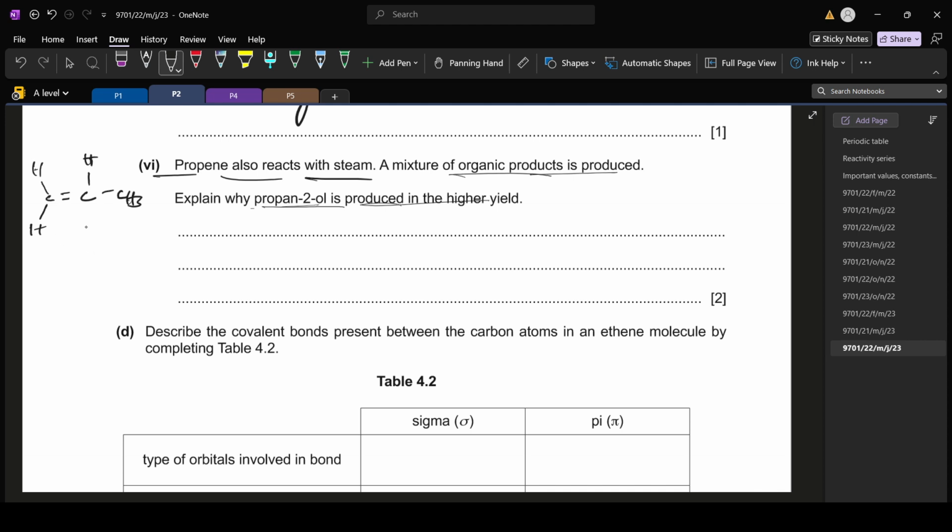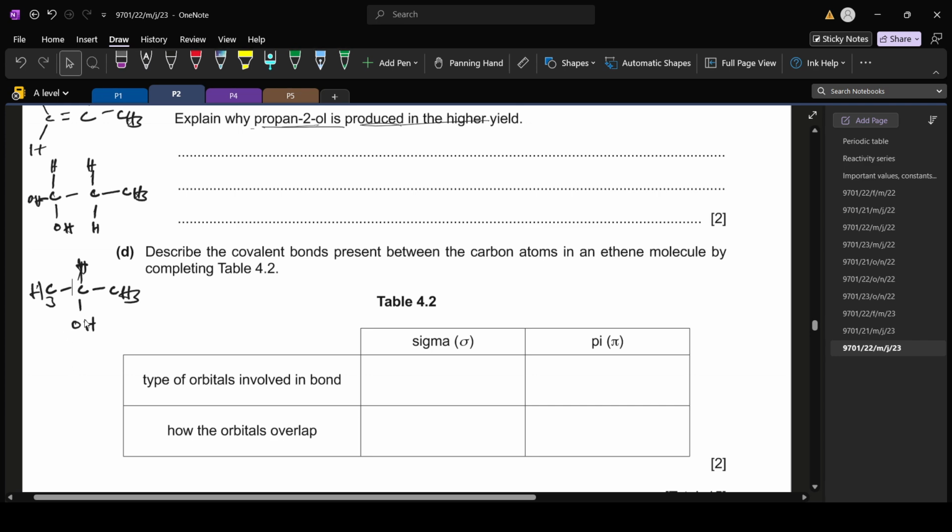When it reacts with the steam, it will form two alcohols, where the OH group will be attached either on the first carbon or on the second carbon: CH3CH2CH2OH or CH3CH(OH)CH3.